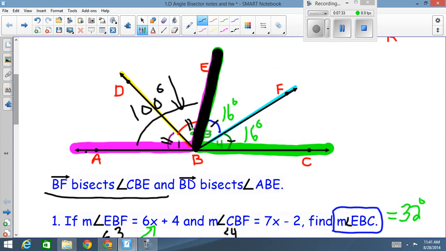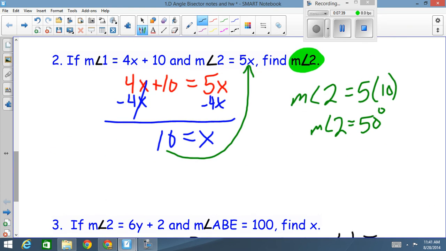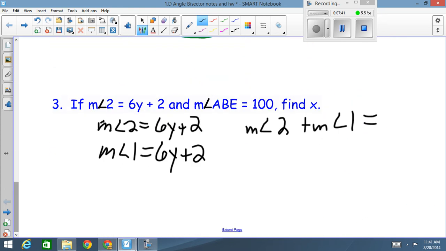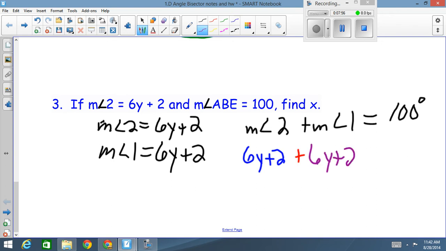Angle 1 plus angle 2, if I put them together, equal 100. So now I'm going to have to go ahead and add them together. Angle 2 is 6y plus 2. Angle 1 is the same as angle 2, so that's also 6y plus 2. And together they equal 100 degrees.